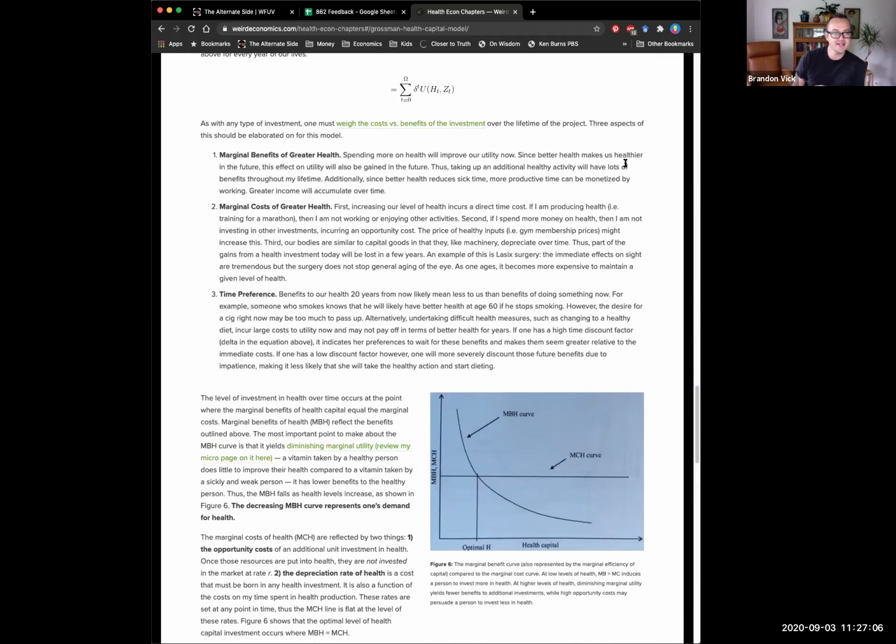Better health makes us healthier in the future, which gives us greater benefits going forward. If income is leading us to spend more on those types of M goods, it's making us a more efficient generator of health.